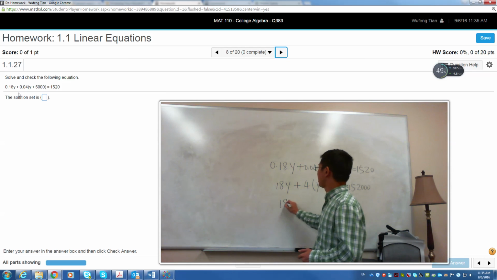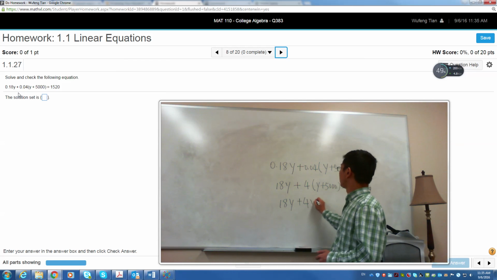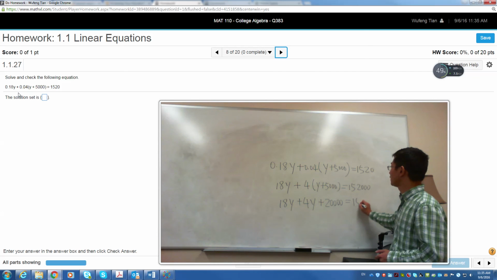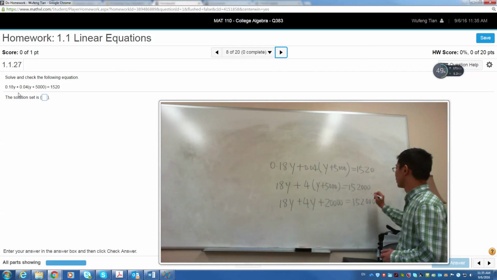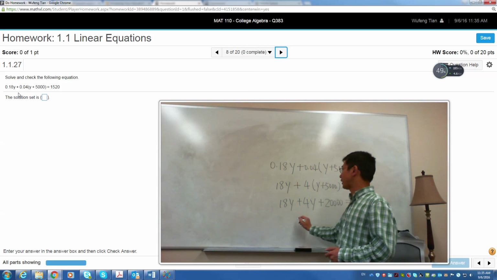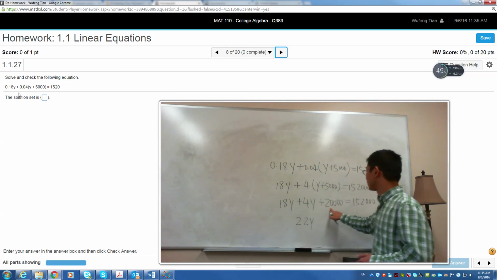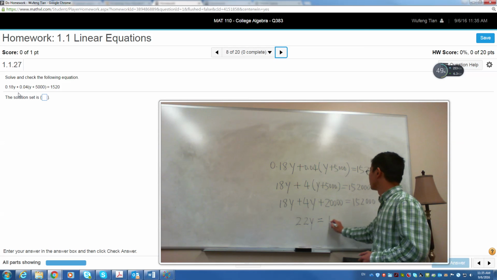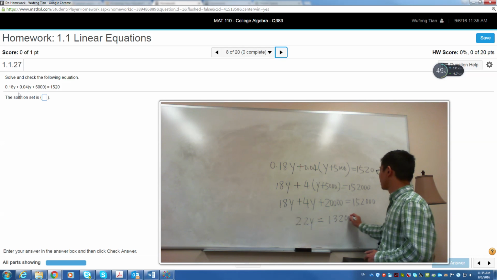So it's 18y plus 4y plus 20,000 equals 152,000. Combine these two, you have 22y. Subtract 20,000 from both sides, so it equals 132,000.